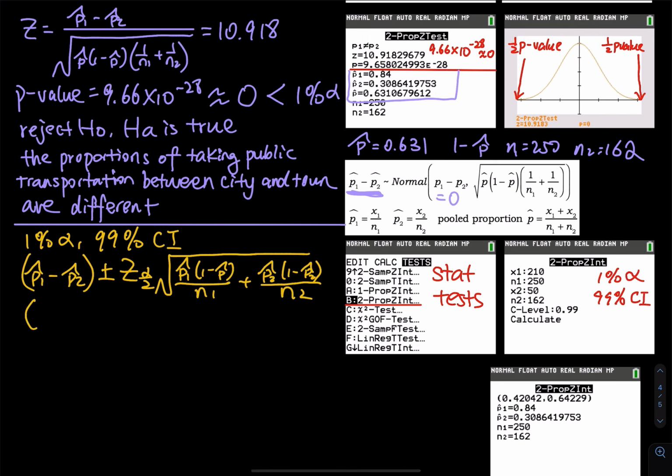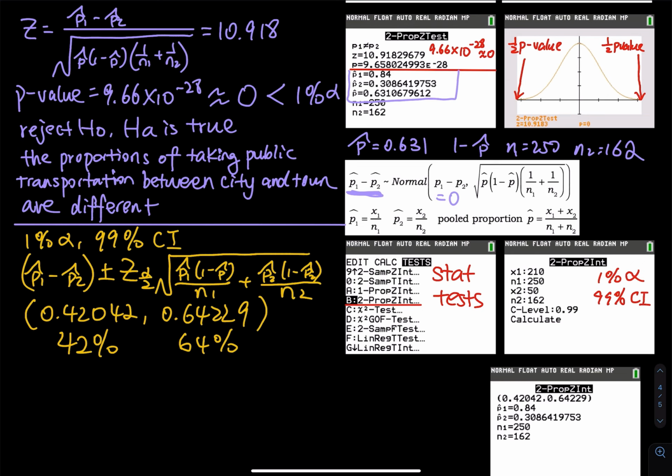So you have 0.42042, and then 0.64229. Since this is a proportion, it is reasonable to convert the decimal to a percentage, which is multiplying by 100, and then you add the percentage symbol. So this is approximately 42%, and this is approximately 64%.